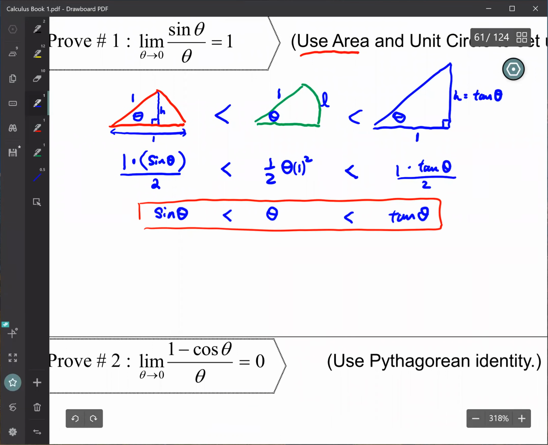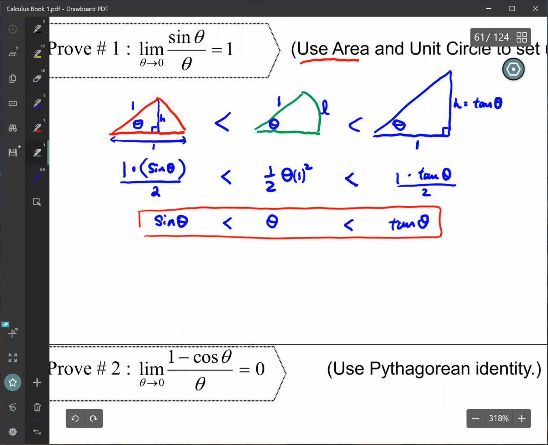So now we want to make a sandwich so that the middle part looks like the question. How can we do that? I want the middle part to look like sine theta over theta. Right now, the sine is on the left side, theta is in the middle, and tangent is on the right. What can we do?